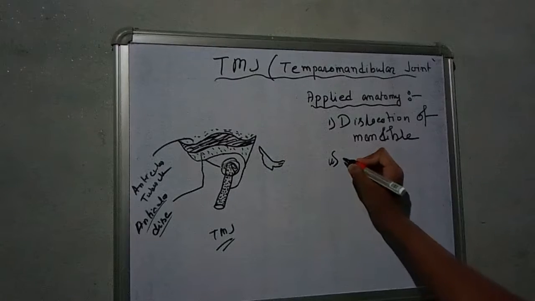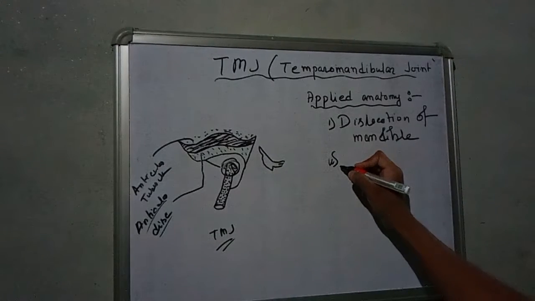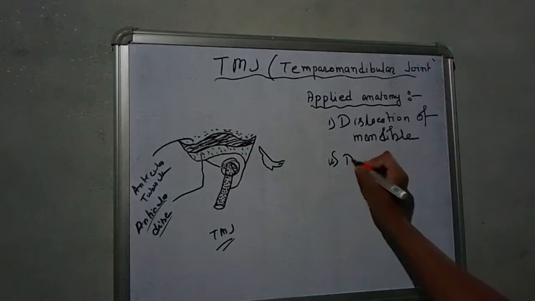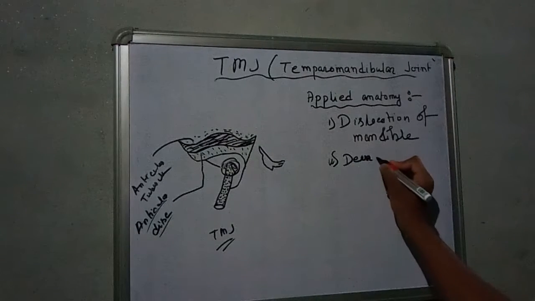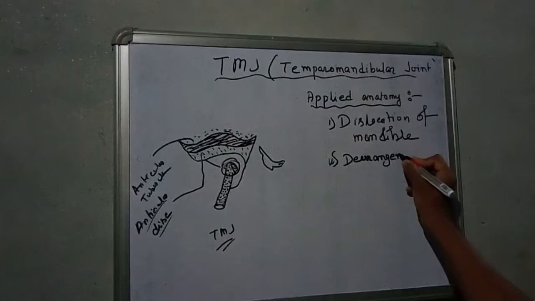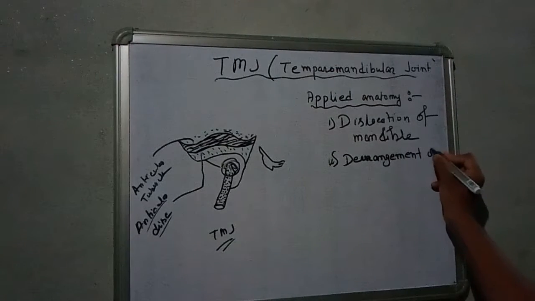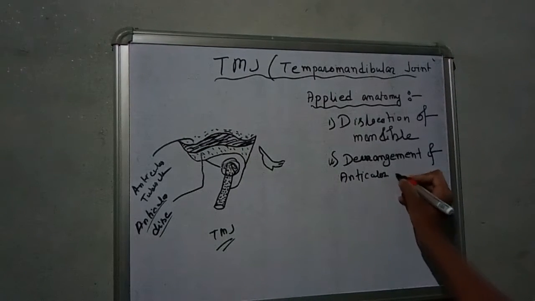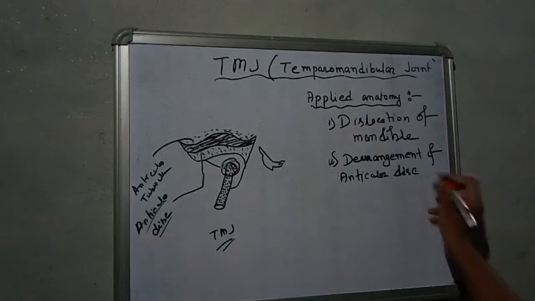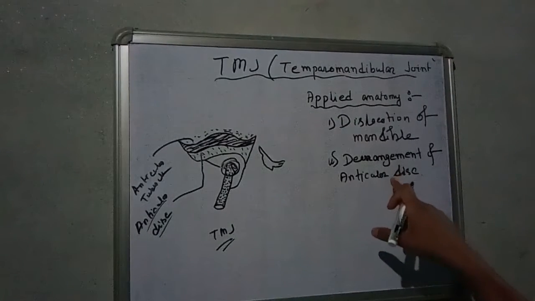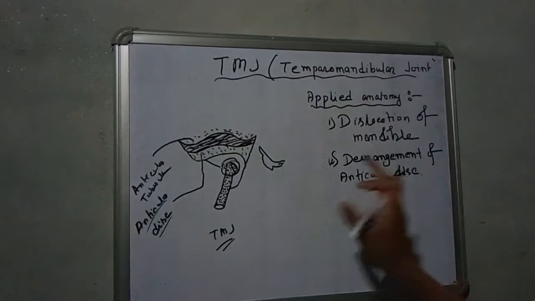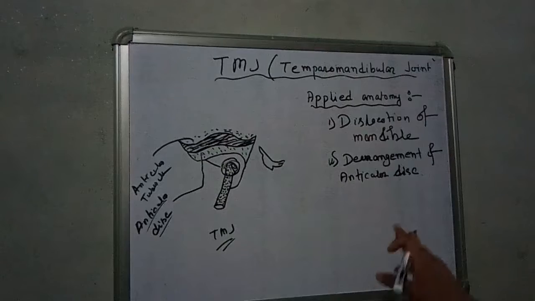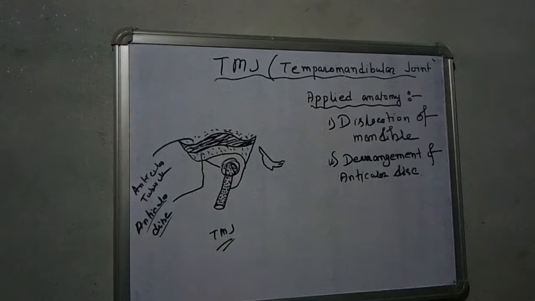And number two, that is derangement of the articular disc. It may be from any injury, like overclosure or malocclusion, which causes clicking and pain during movement of the jaw.